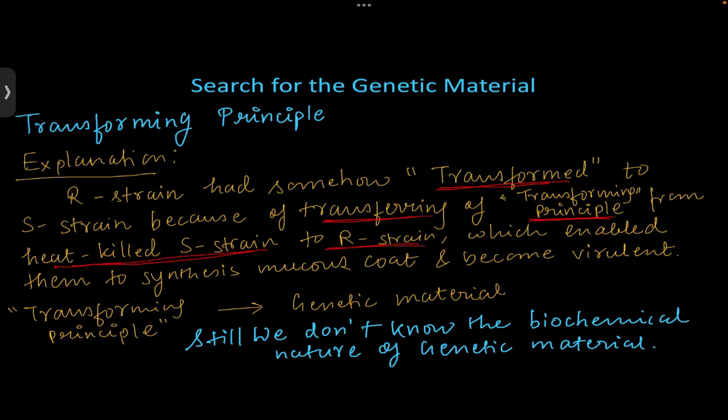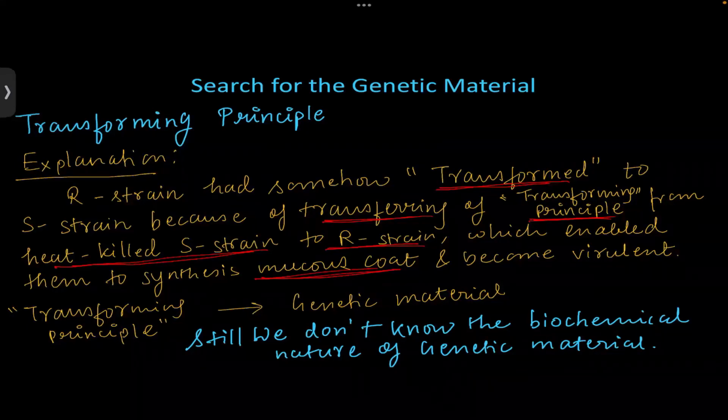And because of this transfer, the R strain bacteria had lost their original identity and became live S strain bacteria, which were virulent in nature and could cause pneumonia. They formed shiny, smooth colonies because of the synthesis of a mucus coat.